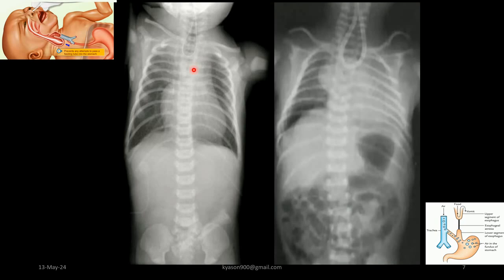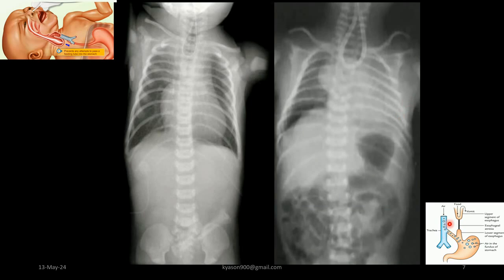That's what can be appreciated in this first image. In this first image, there is just an isolated esophageal atresia. There is no fistula, but this side there's a fistula, and I'm going to explain why.